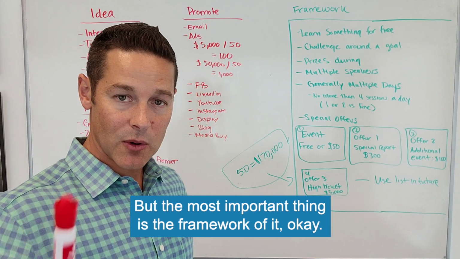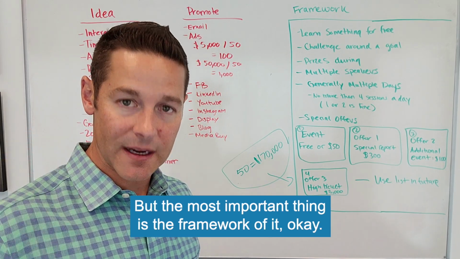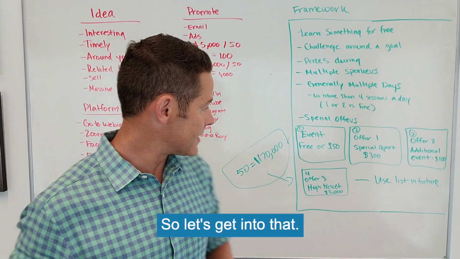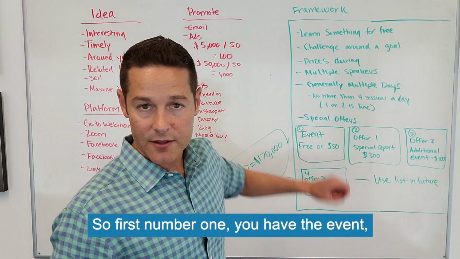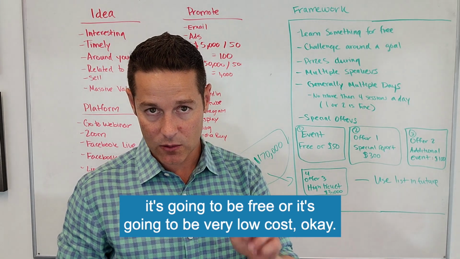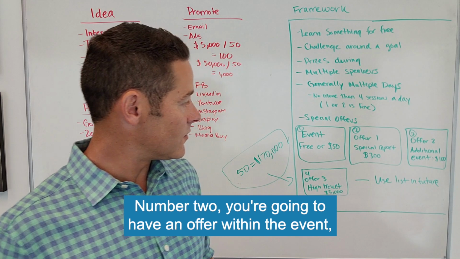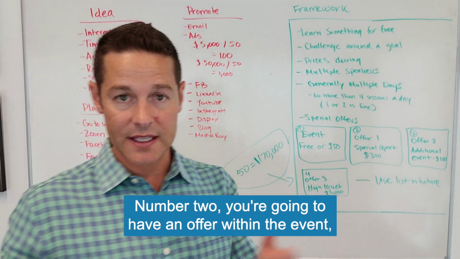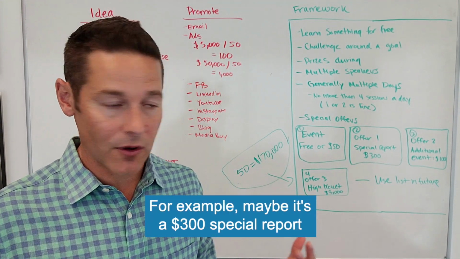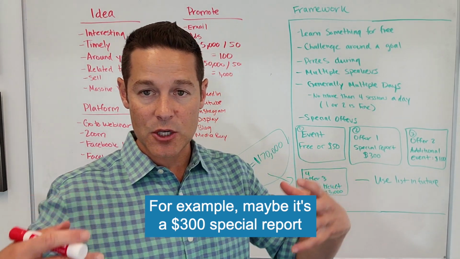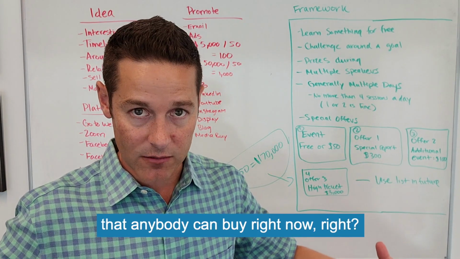But the most important thing is the framework of it, okay? So let's get into that. So first, number 1, you have the event. It's going to be free, or it's going to be very low cost, okay? Number 2, you're going to have an offer within the event at some point. For example, maybe it's a $300 special report that anybody can buy right now, right?